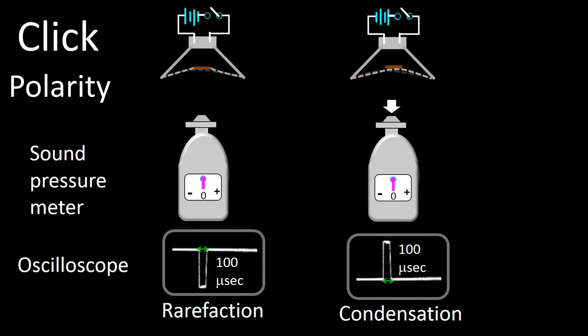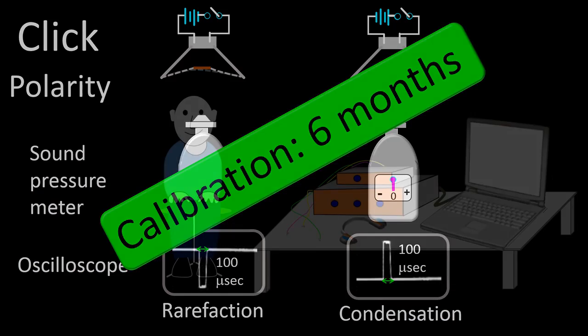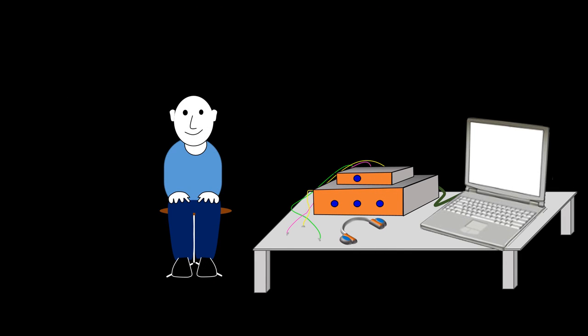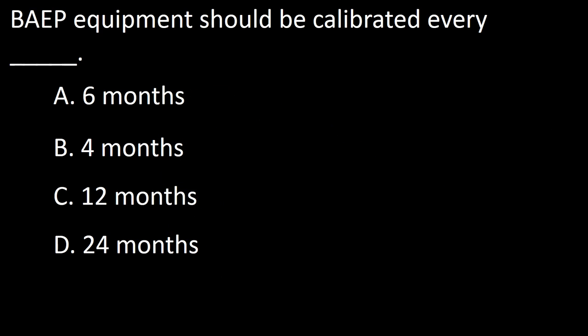And click polarity should also be calibrated every 6 months. Only when we have well-calibrated equipment will we get meaningful results. So the answer to this question is A.